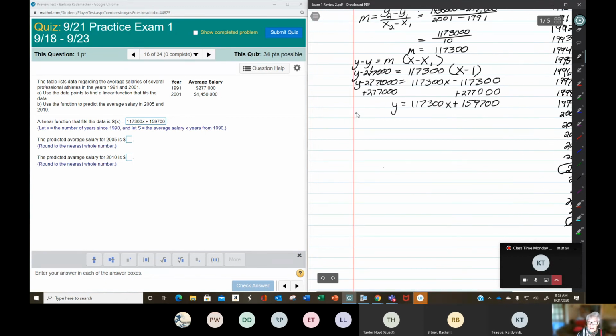So for 2005, y equals 117,300 times 15 plus 159,700, and then 2010 will be y equals 117,300 times 20 plus 159,700.